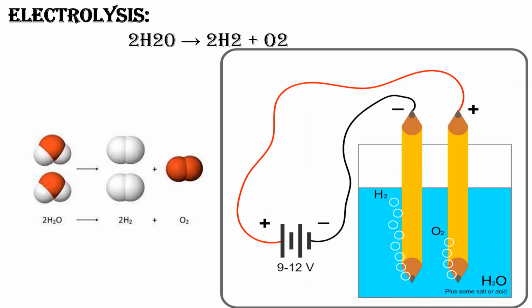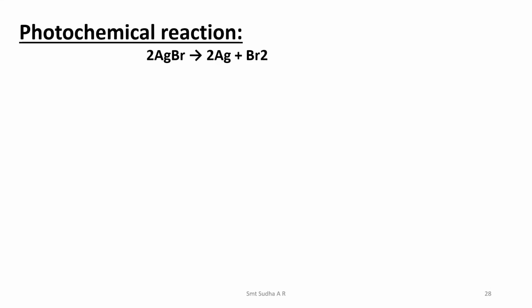Here is the picture which helps us to understand the electrolysis process, and the symbols which help us to know about the atoms, how they are combining and decomposing. This is the way we can understand in a better manner. These are extra types of chemical reaction that you have already learnt in your previous classes.